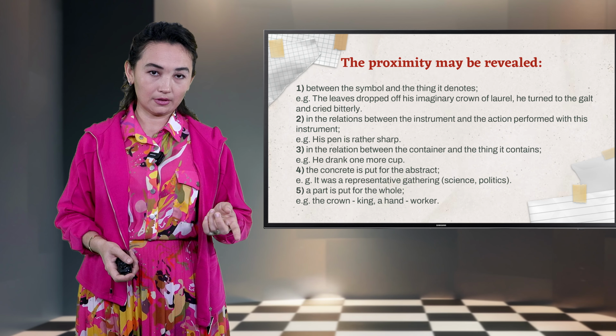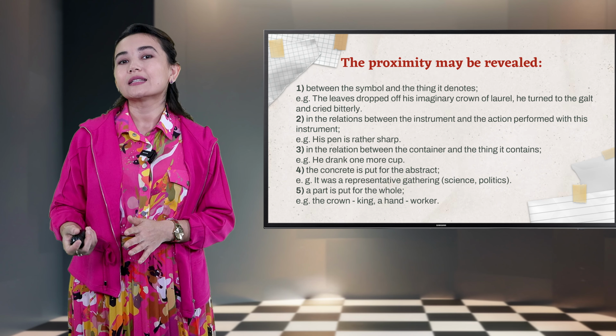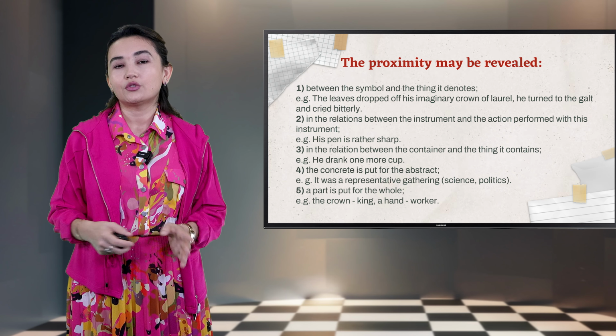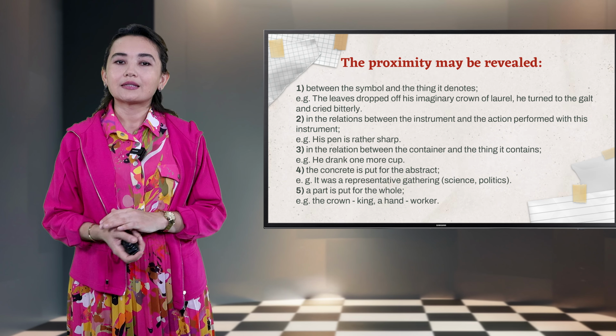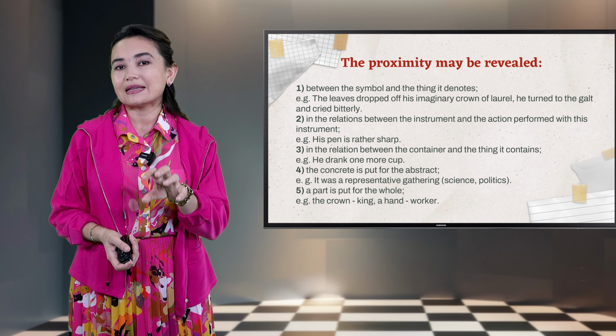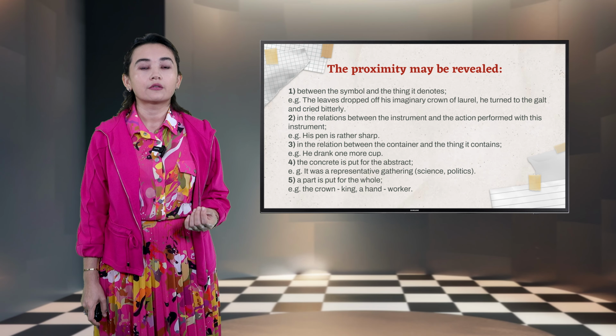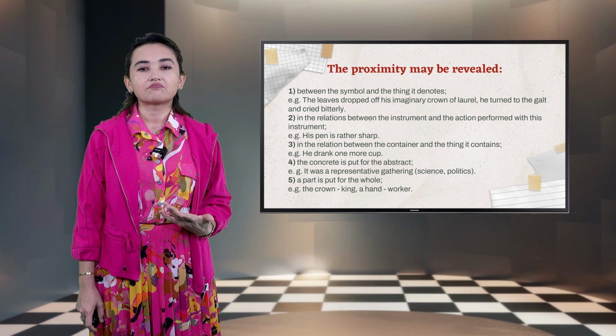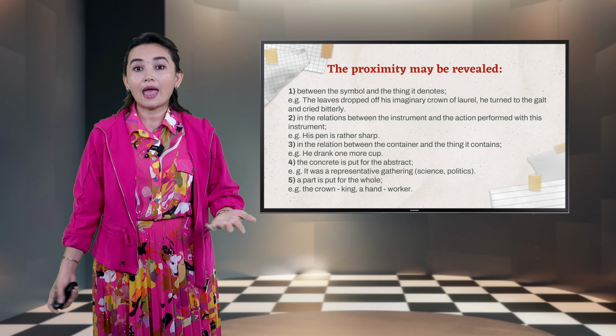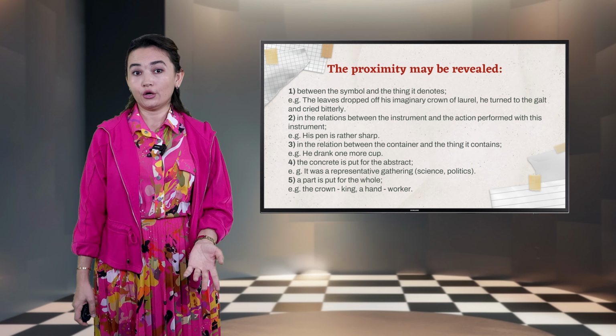And the next example, it was a representative gathering. So science, politics, it's a part is put for the whole. Or the crown, yes? The crown can mean king. A hand can mean worker.